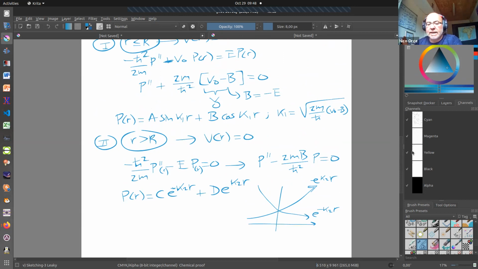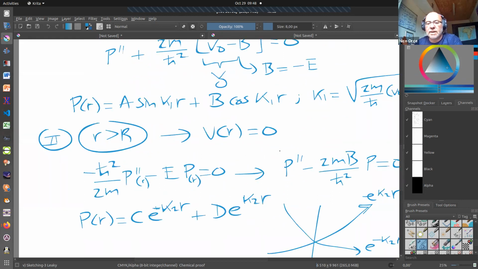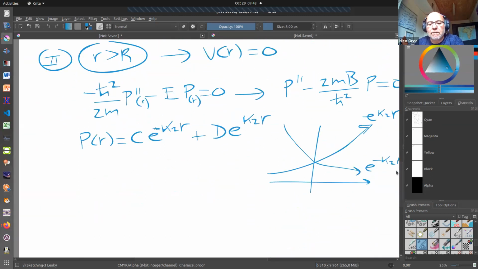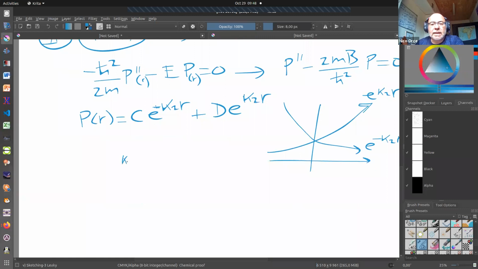And in this case, K2, let me just zoom in, because otherwise I cannot see the pencil here. So in this case, K2 is equal to 2mb over h bar squared.